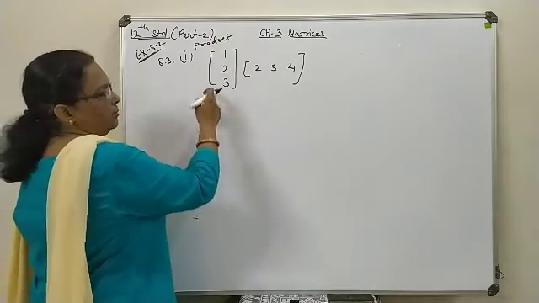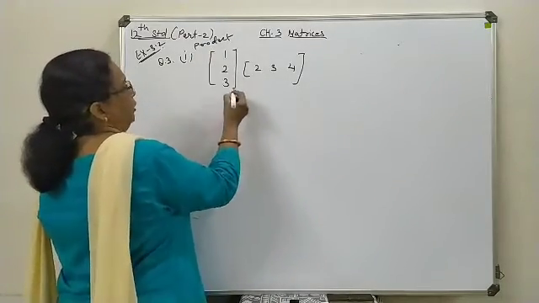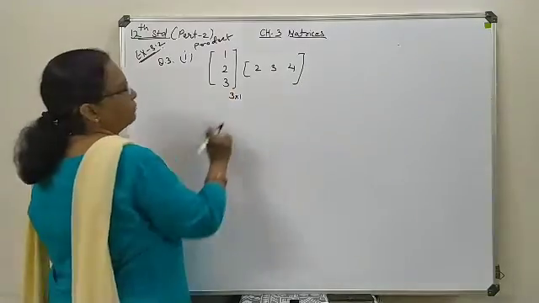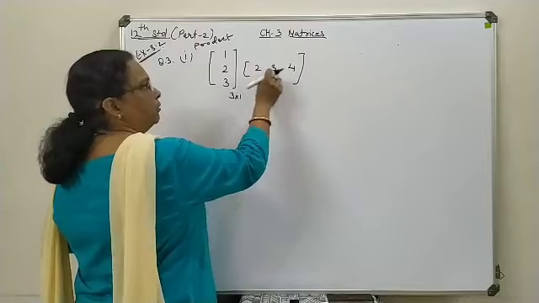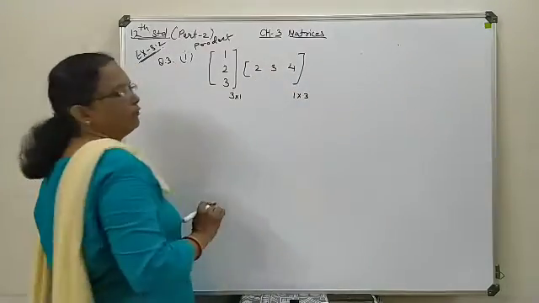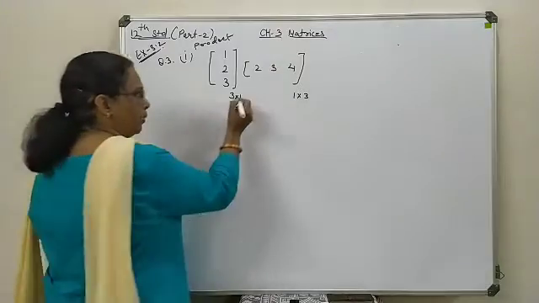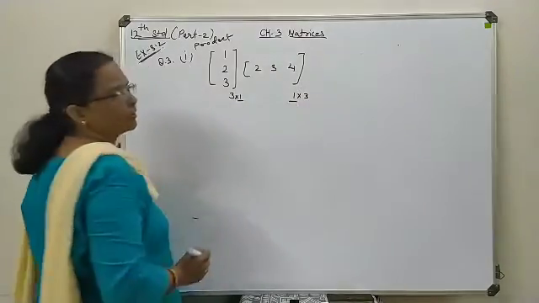If you look at this matrix, you can say its order is 3 rows 1 column, meaning 3 by 1. If you look at this other one, you will see 1 row 3 columns. What was our basic condition? That the number of columns of the first matrix should match the number of rows of the other one.